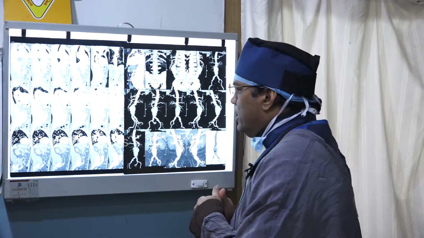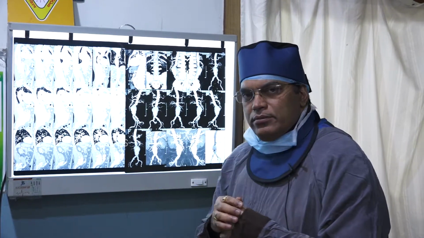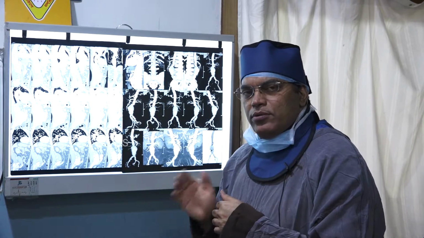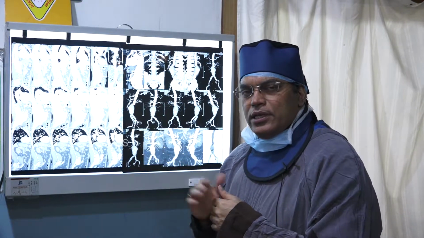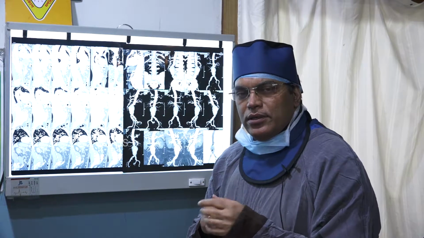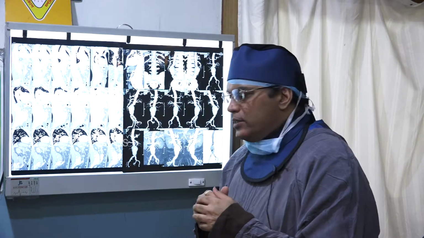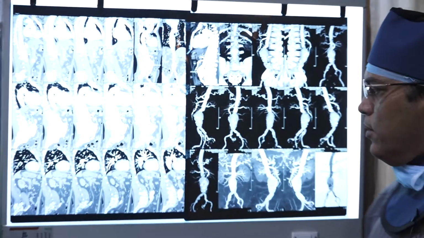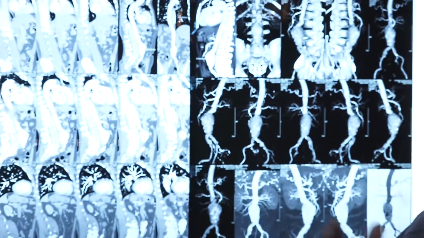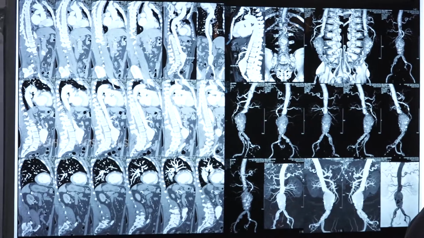endoleak. Then graft extension was extended from the right limb of the Y graft up to the right external iliac artery. The length of the right external iliac artery stent graft is 14 mm into 14 mm, and the length is about 80 millimeter, that is almost like a 3 mm overlap, and with extension into the right lower limb vessel.